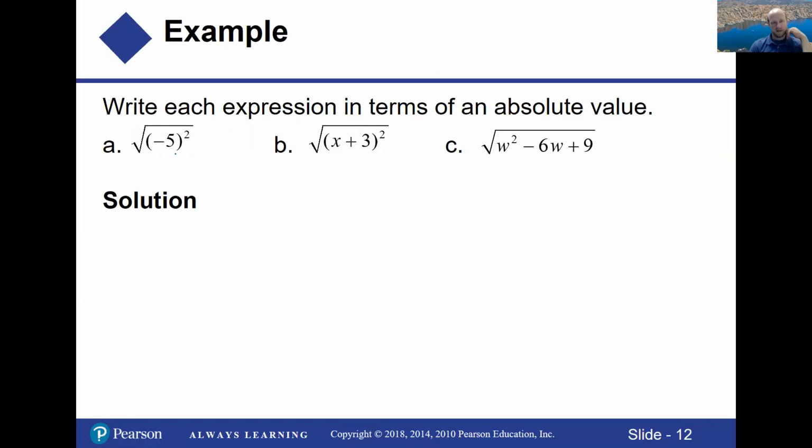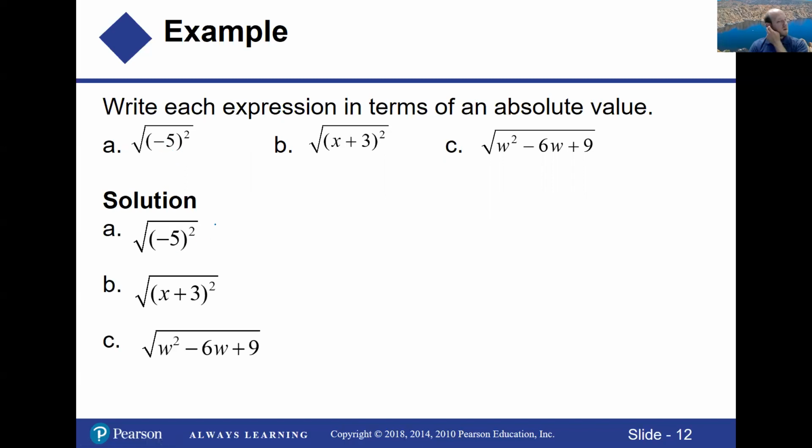So here is that case of the 25, but I wrote it in -5 squared form, with the parentheses. Let me click ahead here. So if I have this guy, and again, our rule is the square root of x squared is equal to the absolute value of x.